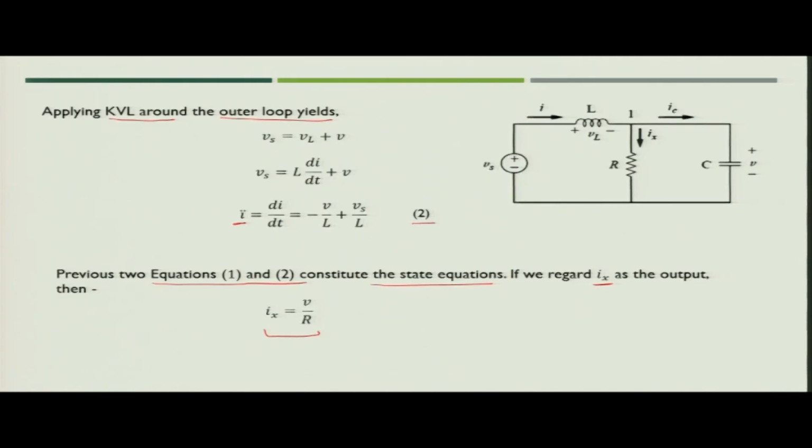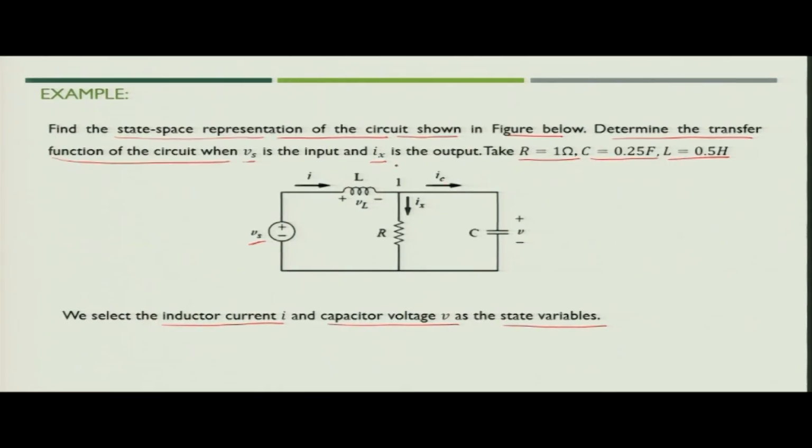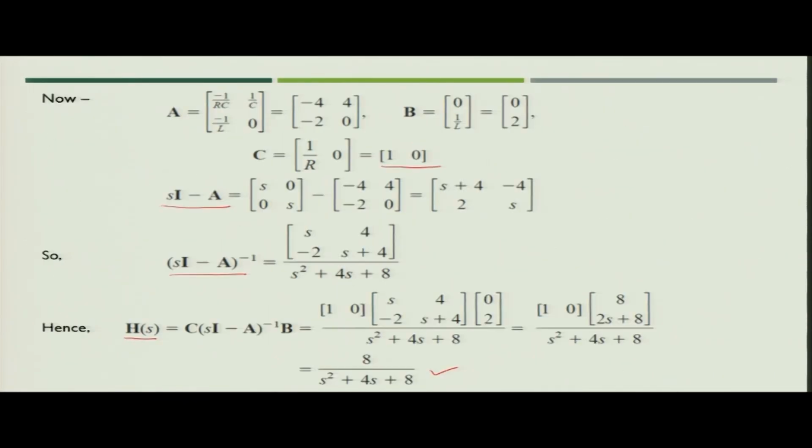So, you can simply say that the transfer function of the electrical circuit in the example is given by H(s) equal to 8 upon s squared plus 4s plus 8.